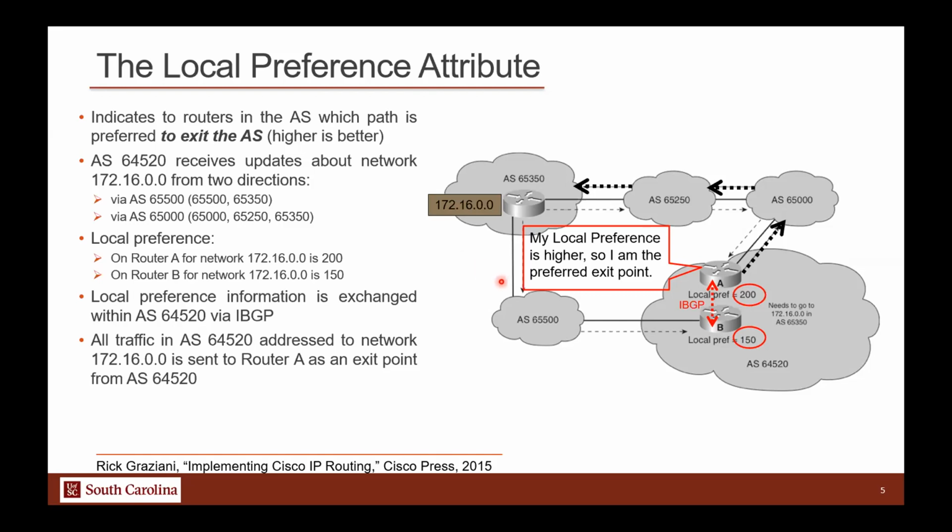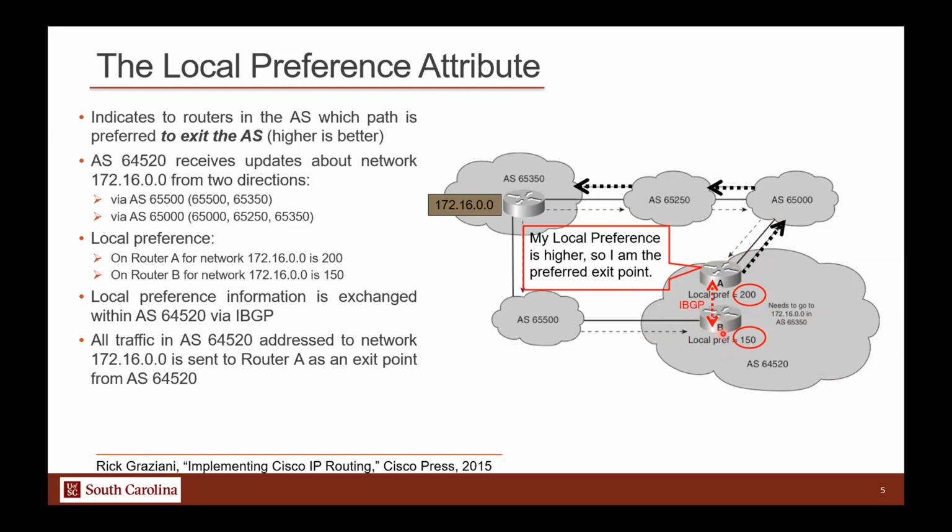However, you can configure the local preference within this network itself, so that this route or this direction has a higher precedence over this one. In particular, you can configure the local preference on router RA so that this path has a local preference of 200, and on router RB, this path has a local preference of 150.